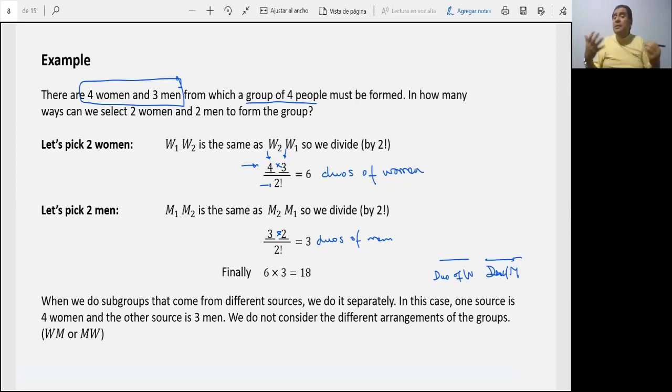So in how many ways can you assemble such a group? Well, you have 6 options for the duos of women, 3 options for the duos of men. 6 times 3 should be 18. Okay, so that's it. Okay, so when we do subgroups that come from different sources, we do it separately. And after we calculated the separate number of subgroups, we multiply at the end.